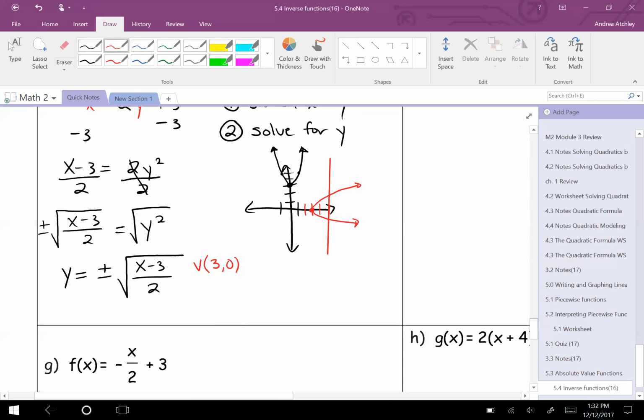When x is 5, I have a point here for y and a point here for y. So that's more than one y value for an x. So this would not be a function. So our inverse is not a function. Parabolas turned on their side and facing left or right are not functions.